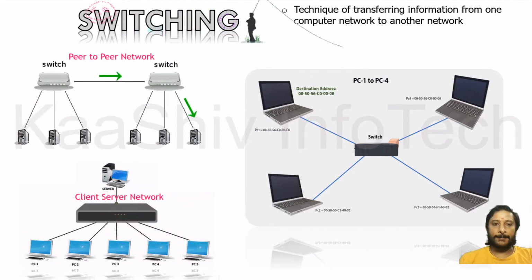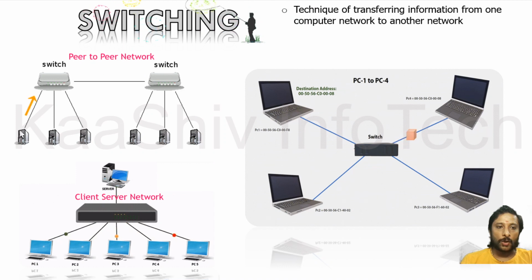So here is the one I want to talk about. Considering the environment, connecting a computer to another computer is called peer-to-peer. Connecting a client to the server is called a client-server network. You can see the switching is happening.